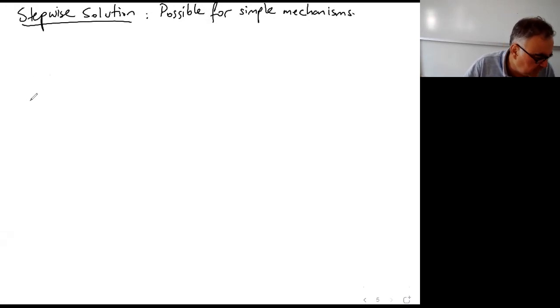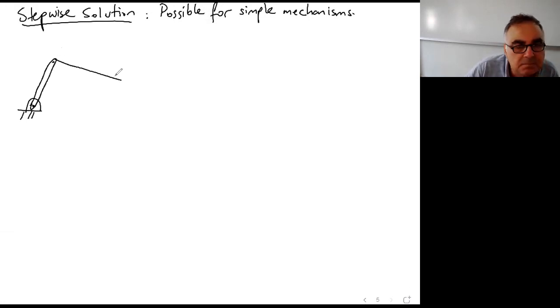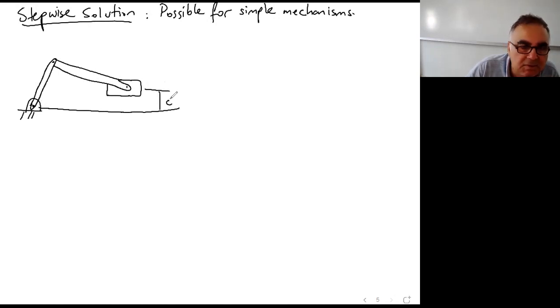Slider crank is especially easy. Let's say this is the crank. This is the connecting rod. This is the slider. This is the eccentricity C, we call it.